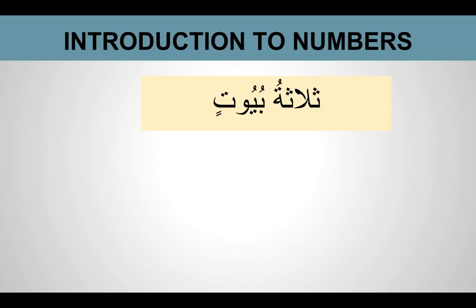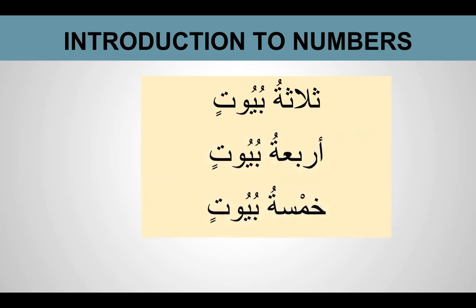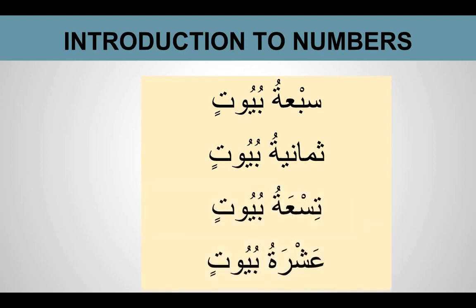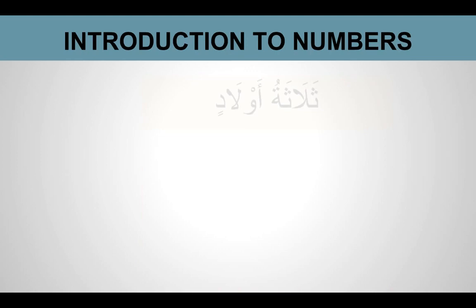Now our plural knowledge will come in handy here. If you know plurals, it will be quite easy. أربعة بيوت خمسة بيوت ستة بيوت سبعة بيوت ثمانية 8 houses تسعة 9 houses عشرة بيوت 10 houses.